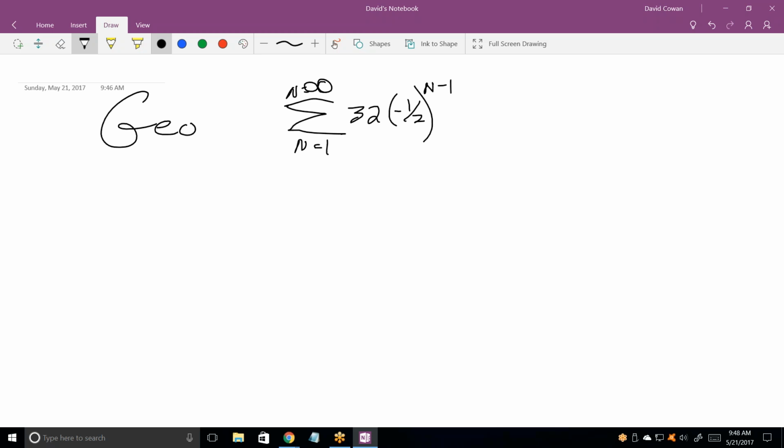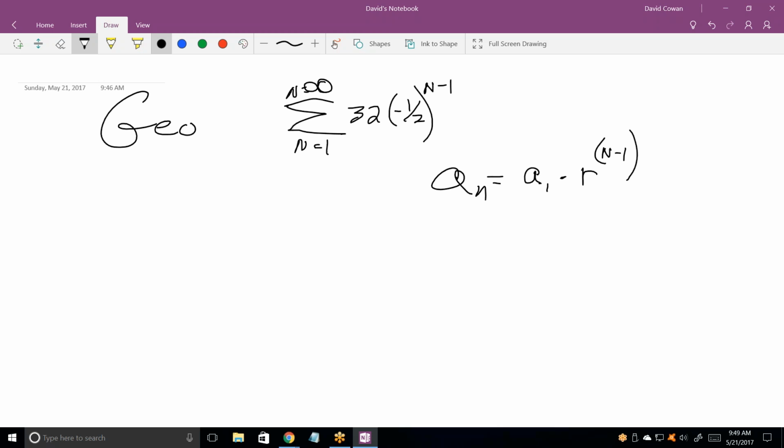Let's talk about geometric series. Do you know the general formula for the nth term? Is it a sub 1 over 1 minus r? It's a sub 1 times the common ratio to the n minus 1.